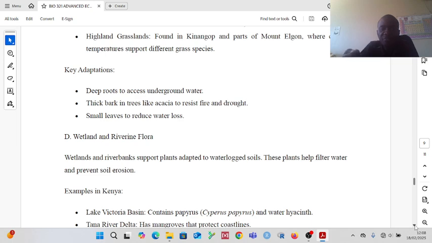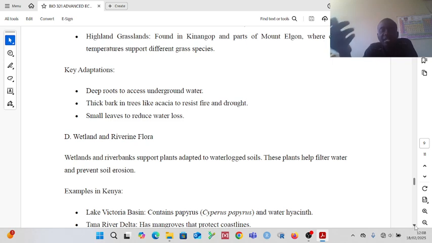So they will be supporting plants that are adapted to waterlogged soils. Because within a wetland, within a riverine area, within a riverbank, there is so much water. Okay? So within that, you find soils that are saturated with water, so to speak.